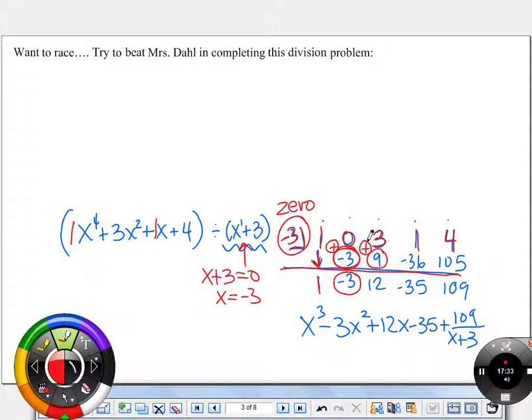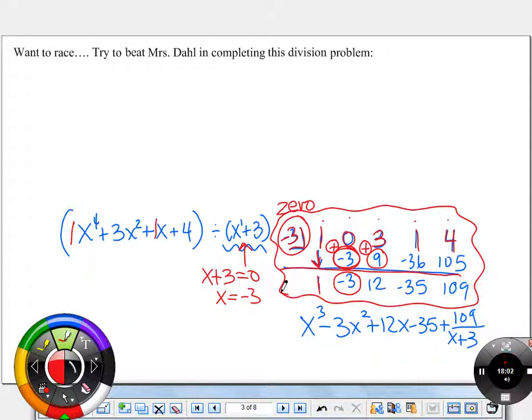Okay? 12 times negative 3 gave me negative 36. I added up the column, I got negative 35. And negative 35 times negative 3 is 105. And trust me, if I would have been smarter, I wouldn't have picked a problem with such big numbers. I could have messed up my arithmetic. Okay, 105, and then I add up 4 and 105, and I get 109. So there is the synthetic division process and setup.